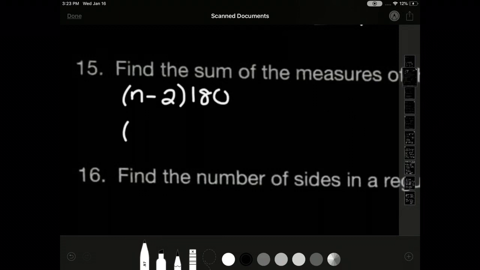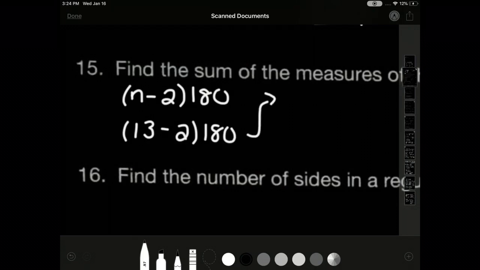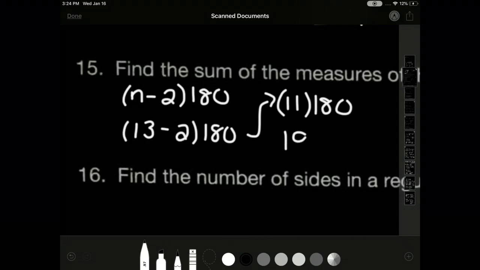So if we plug in 13 for n, which is our number of sides, we get 13 minus 2 times 180. Well, 13 minus 2 is just 11. So we get 11 times 180. And when you do that, you get 1,980 degrees.